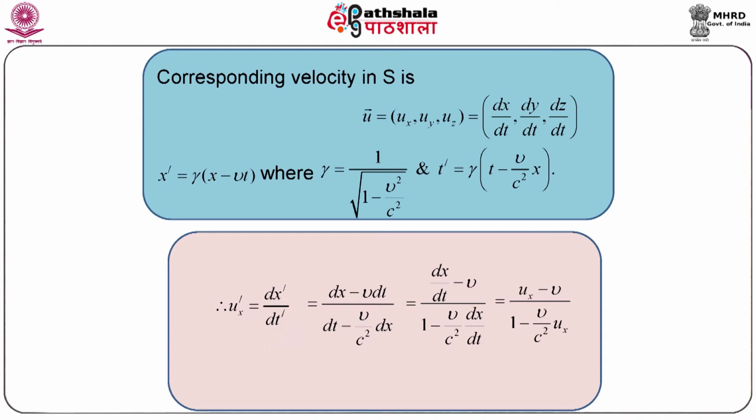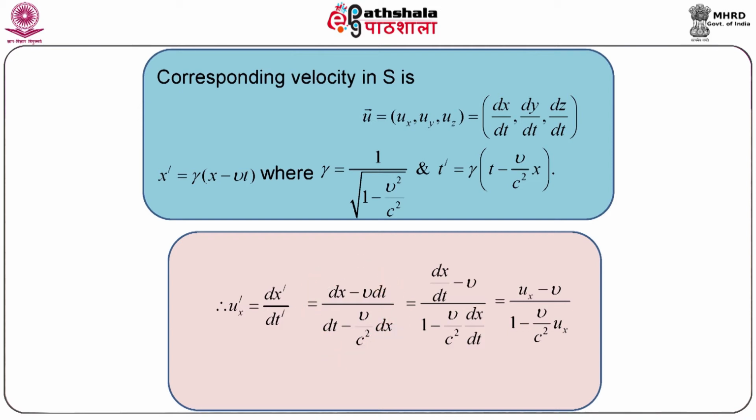This can be obtained from here. dt' is given by gamma into (dt minus v divided by c squared into dx). Here we have written this result. Gamma here and gamma here cancel each other, so we get this result.